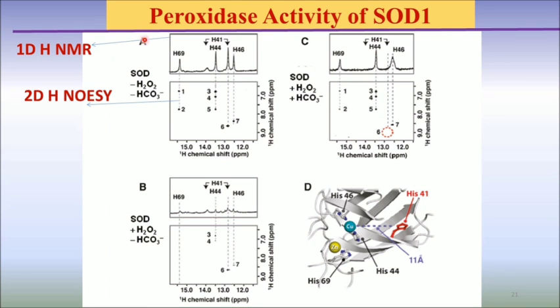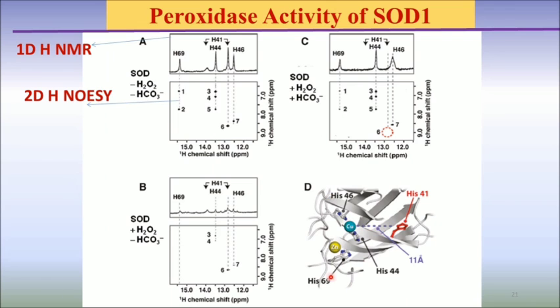In addition to superoxide dismutase activity, this enzyme also possesses peroxidase activity in the presence of hydrogen peroxide and bicarbonate. It is present in our blood, in our cells. For example, this is the one-dimensional proton NMR. We have assigned the active site.